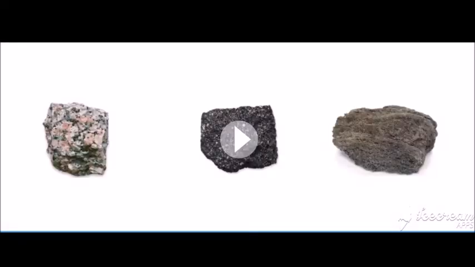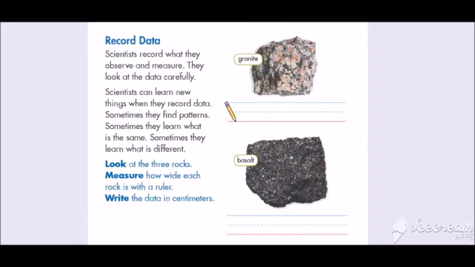So now after we finish our lesson, you have to know that collecting data is very important, and we use our senses to collect data, and we can use many charts such as picture charts or tally charts to record our data. Of course, scientists record what they observe and measure.